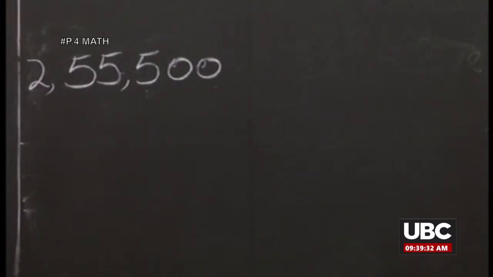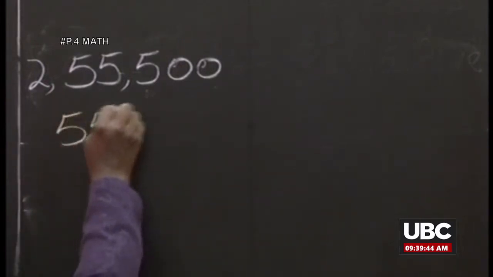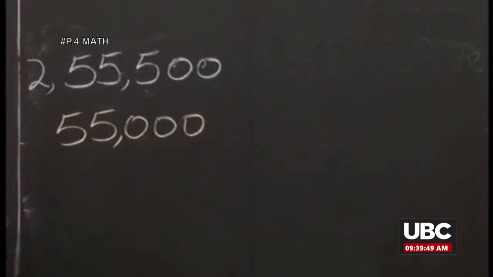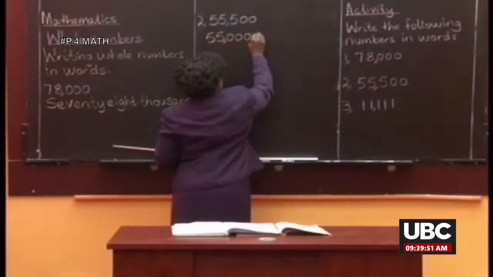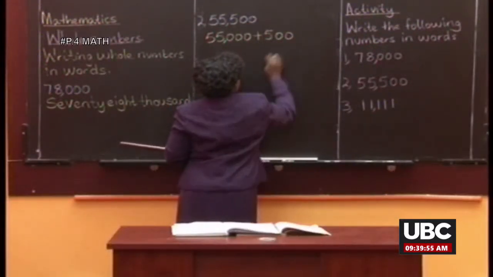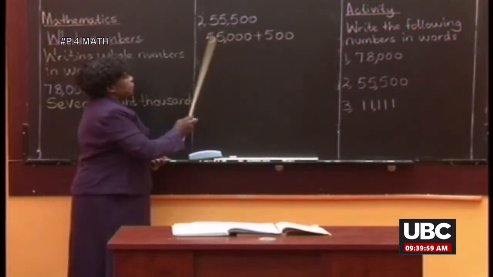Our next number is 55,500. Come down, write it in expanded form. So how do we write this in words?